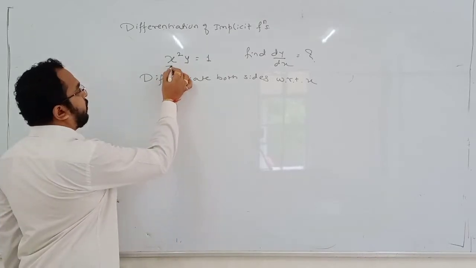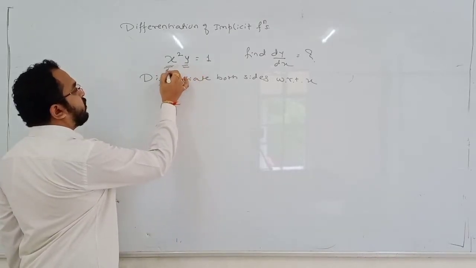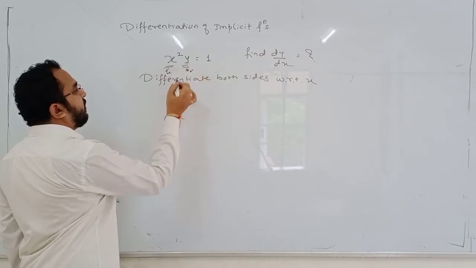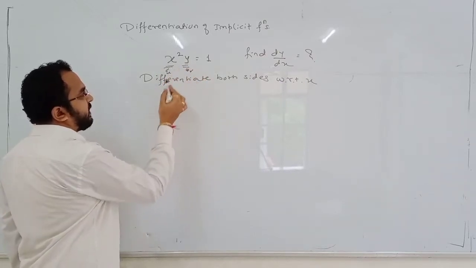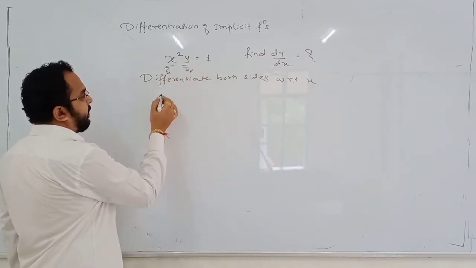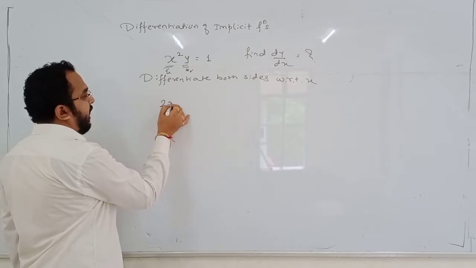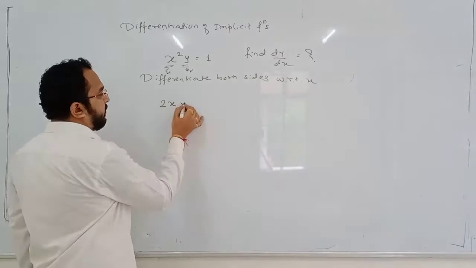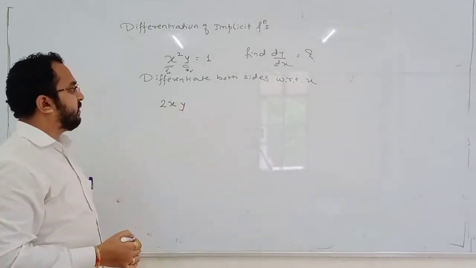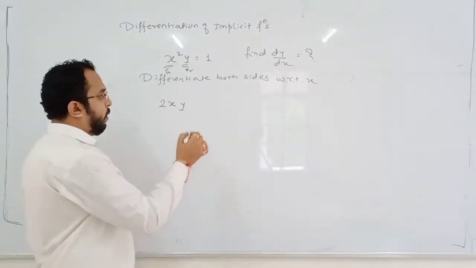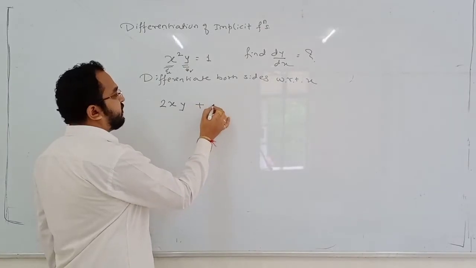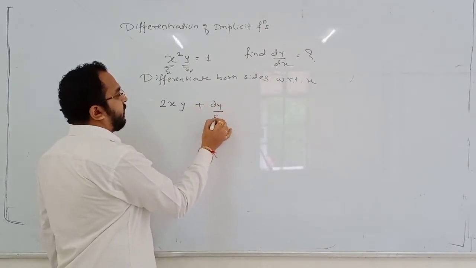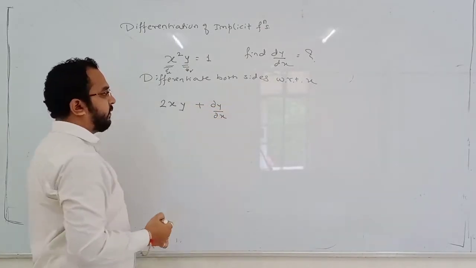Here it is product rule. This is u and this one is v. First function, second function. So what is the differentiation of first function? X square का differentiation किया ना 2x. This time second function as it is, that is y, plus differentiation of second, that will be dy by dx.